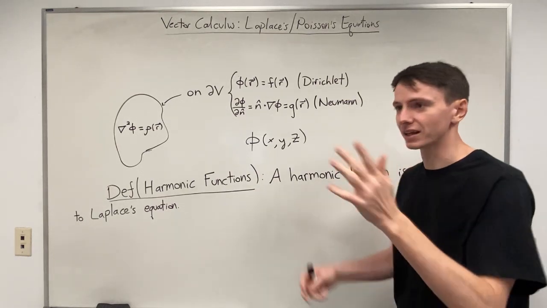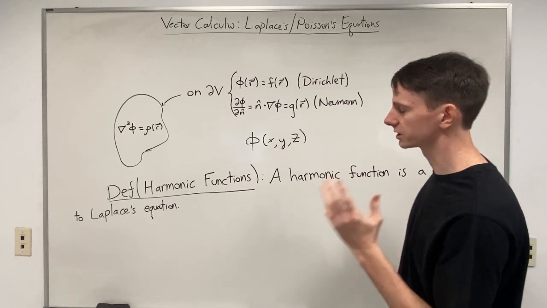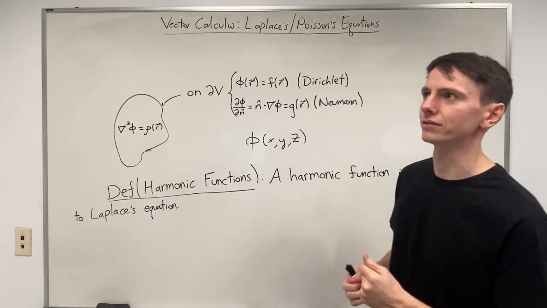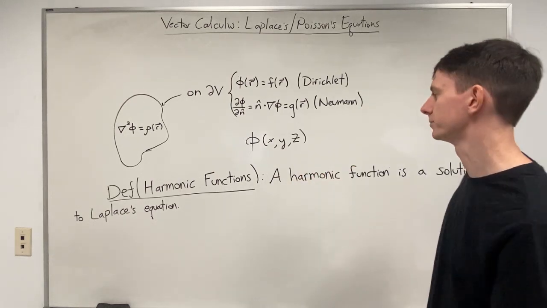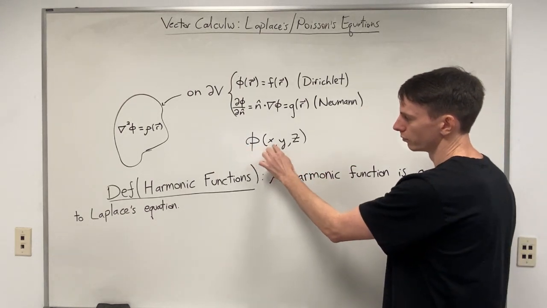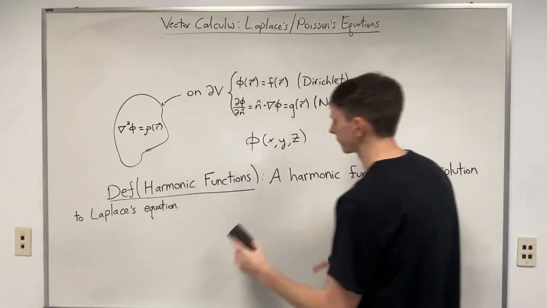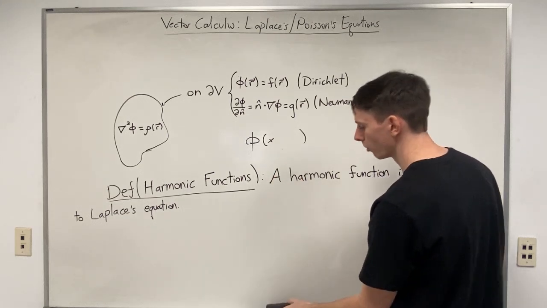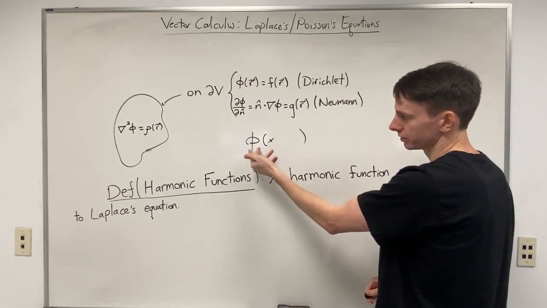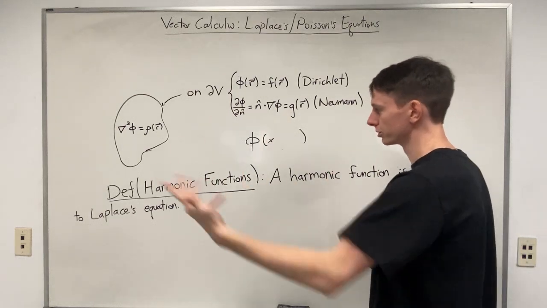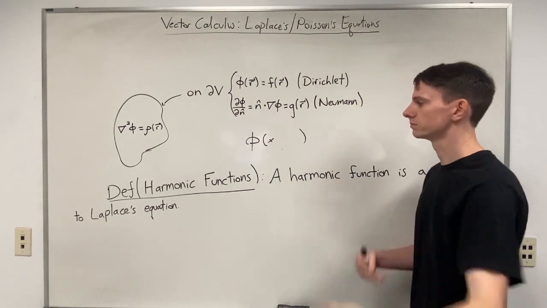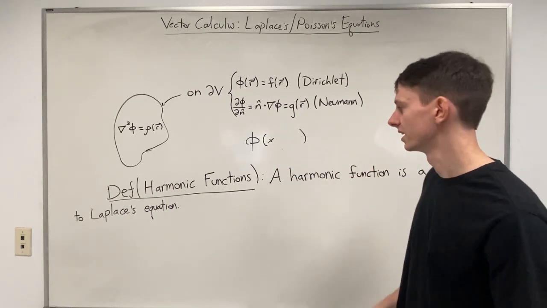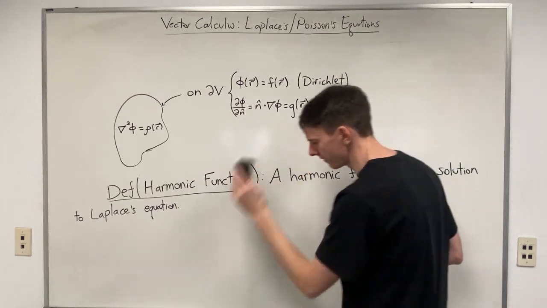And really all we did in that first video on the spherically symmetric solutions to Laplace's equation was kind of the obvious, or I don't want to say obvious, but maybe once you think about it, it naturally makes sense that if you have a function of multiple input coordinates, and this function just doesn't happen to depend on all of those input coordinates but one, now your original partial differential equation will reduce to an ordinary differential equation, and then you use standard methods from ODEs to solve Laplace's or Poisson's equation. That was the idea in that video.